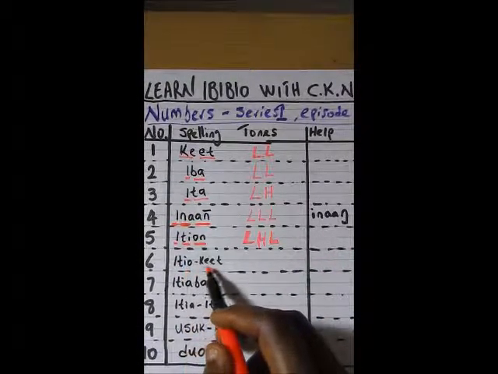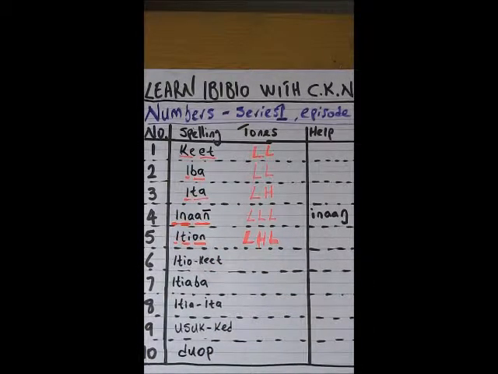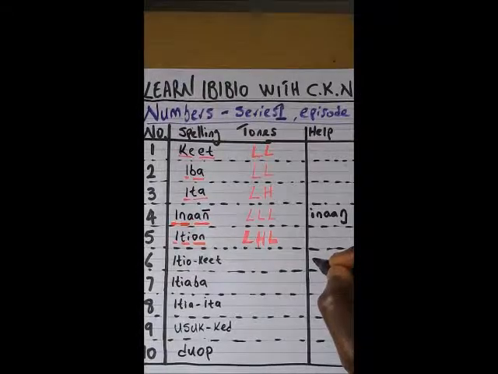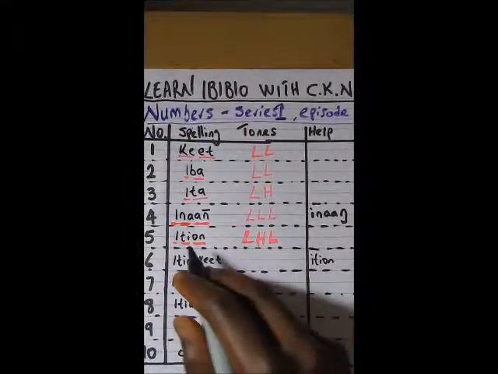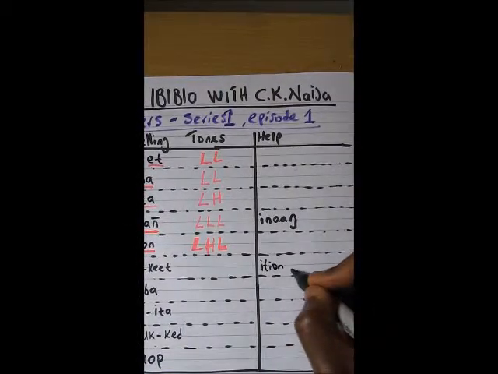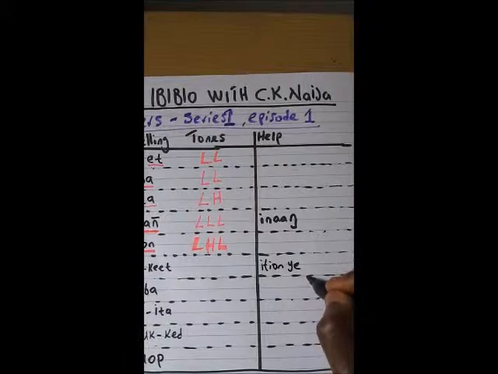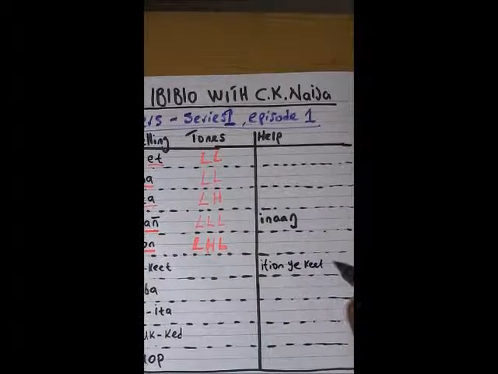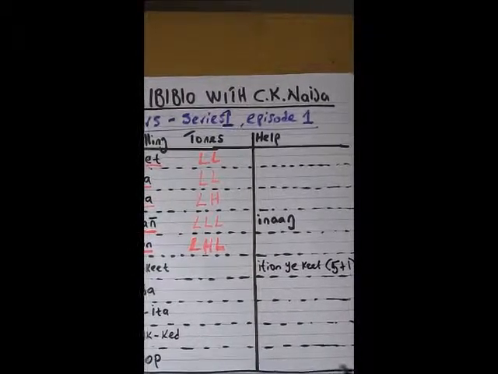We have itiokiet, and how this works, the mechanism for how this works, is basically itio, which means 5, as we just said, and kiet, which means 1. And that is 5 plus 1, right?